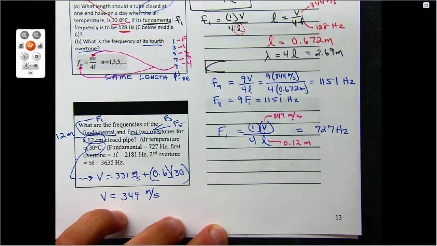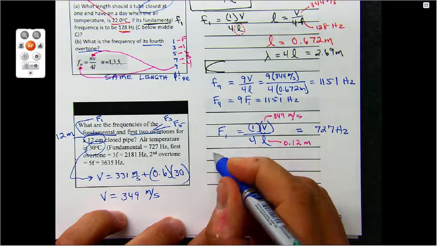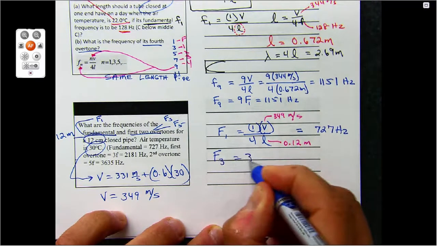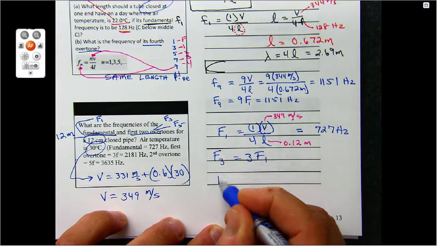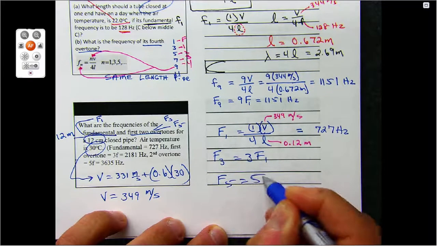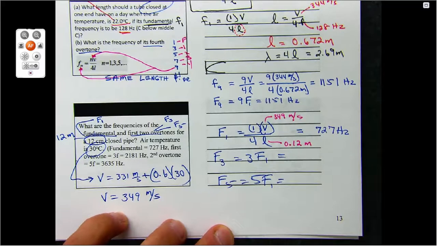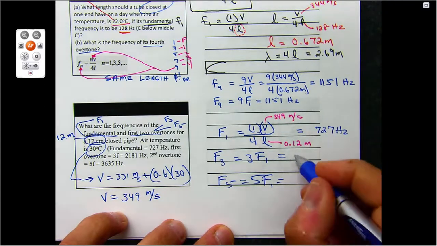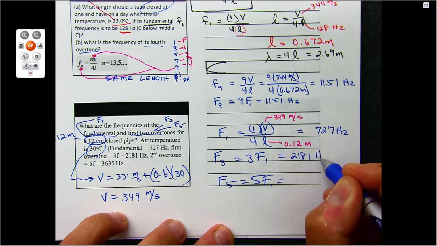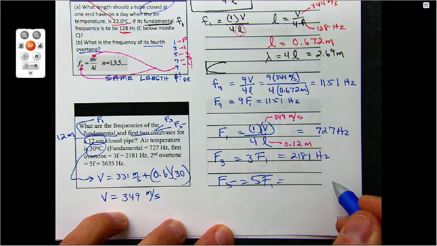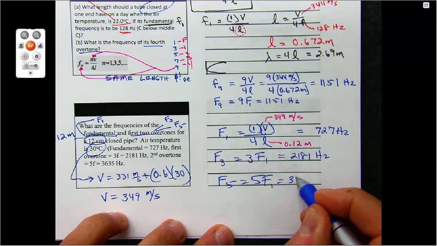Maybe I tried lying to you. So F3 is going to be equal to 3F1, and F5 is going to be 5F1. And 36, 35.